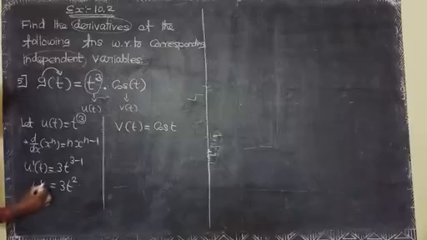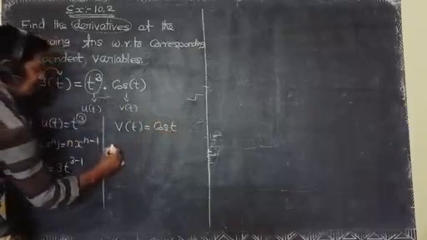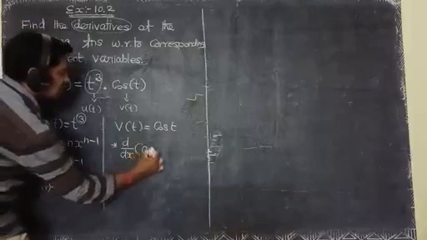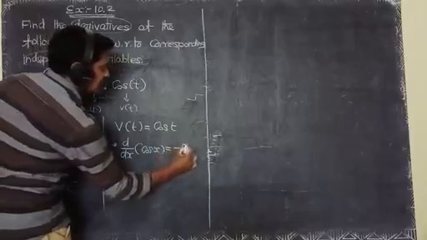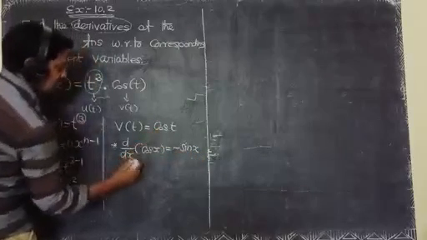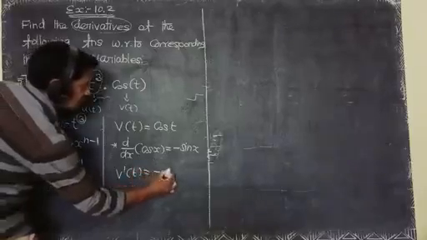This is u dash of t. Here v of t equals cos t. We know the derivative of cos x is minus sin x, so v dash of t is minus sin t.